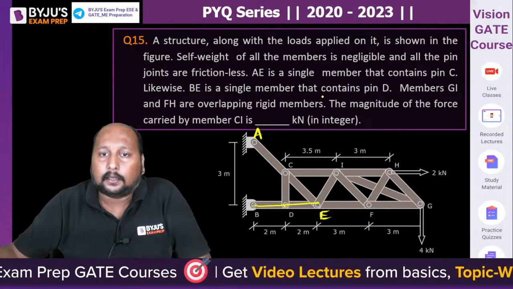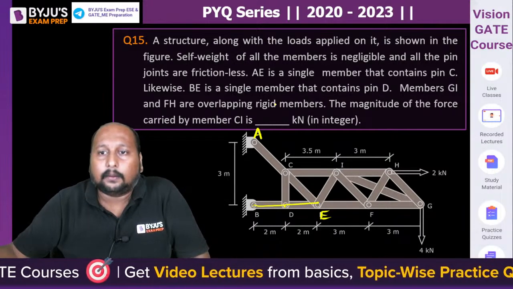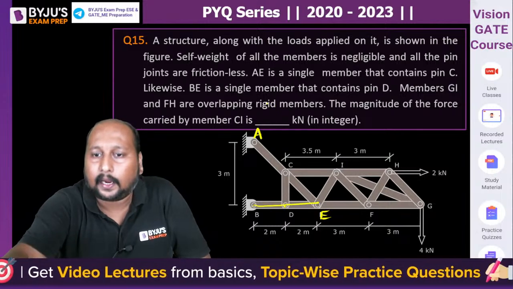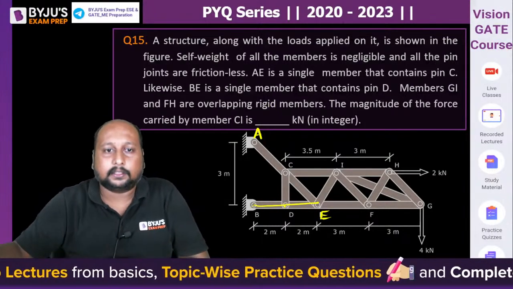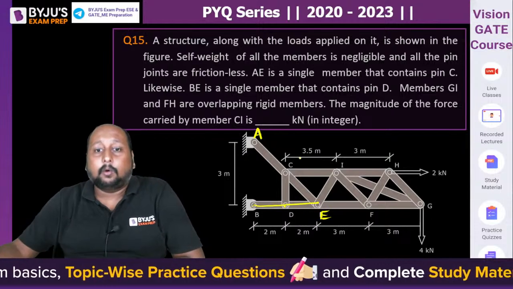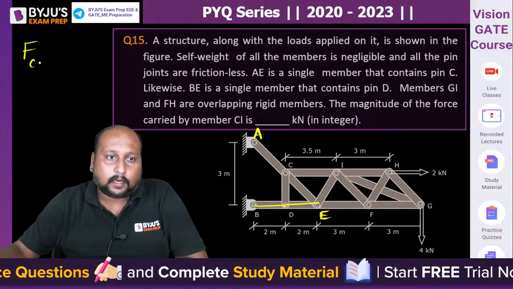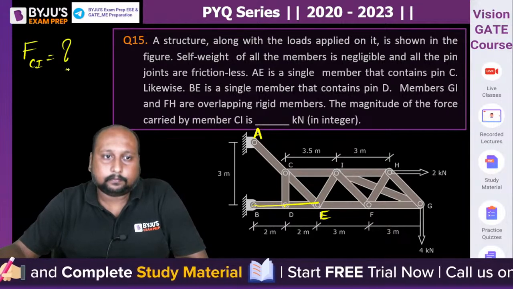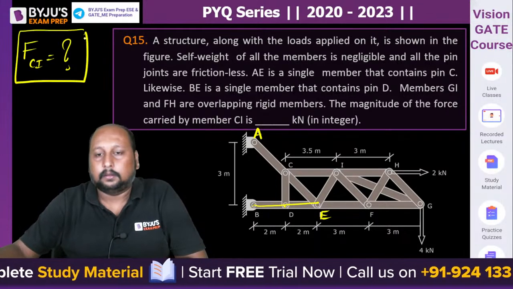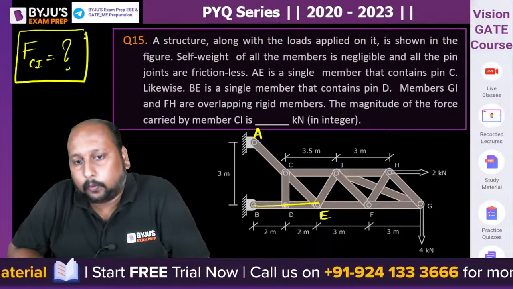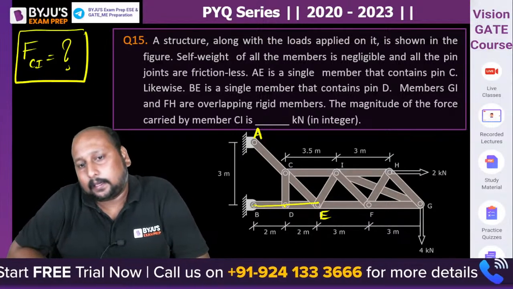And that contains point D. The members GI and HF are overlapping rigid members. What is the force in the member CI?